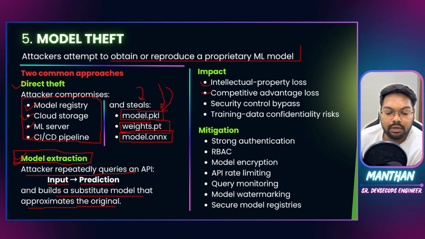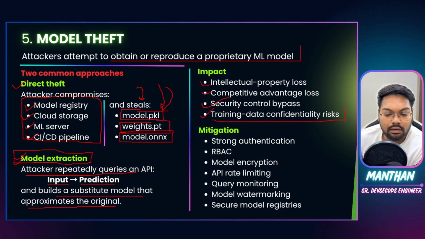So competitive advantage would be lost for ChatGPT. Then security controls bypass could be happening, and then training data confidentiality is at risk. So that is the impact of model theft.